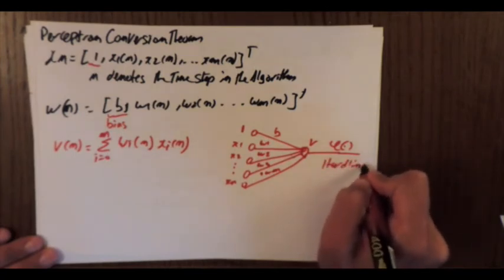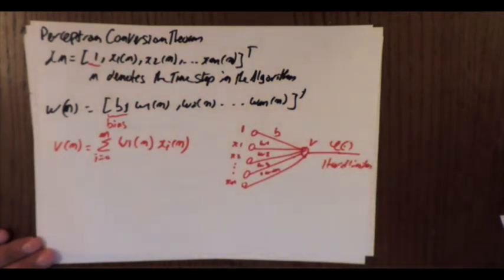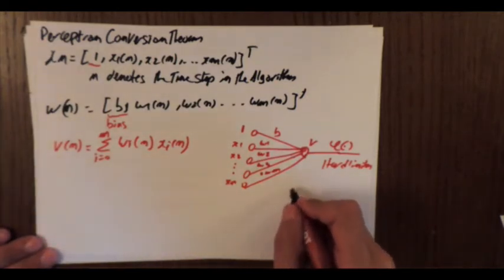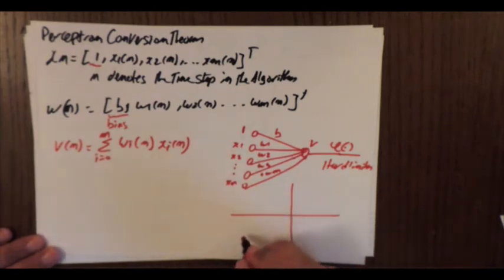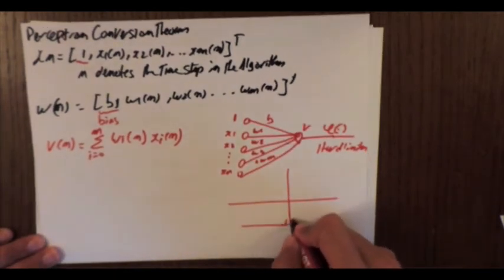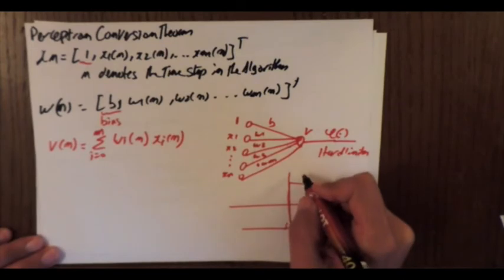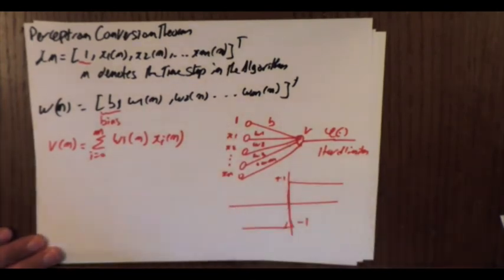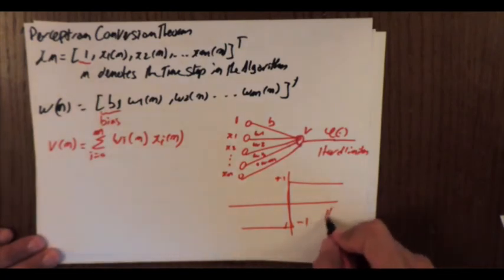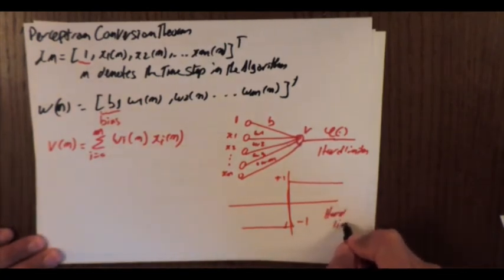Hard limiter is my threshold activation function, which is going to be the 0 or 1 signum values. If I want to take bipolar, it can be something like this. Okay, this is my hard limiter.